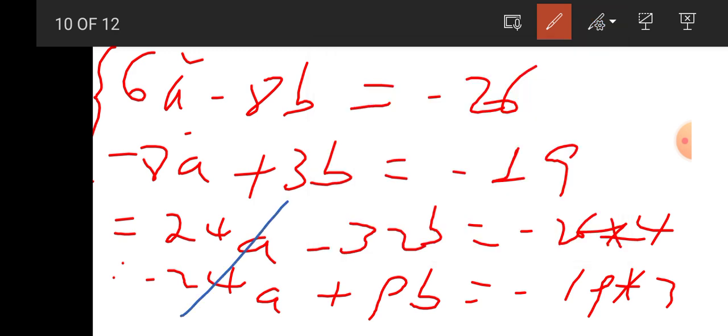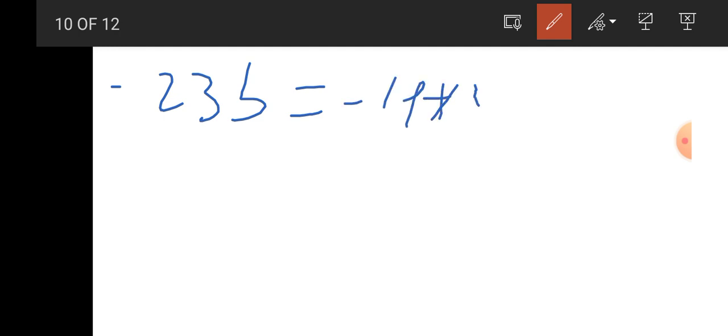ይሄኛው ከዚህ ጋር ይጣፋል ምክንያቱም this is 24 and this is minus 24, minus 32b and 9b ወደ ታች ሲደምረው ስንት ይሆናል? minus 32b. የኤ ፓርትን አሁን አጠፋሁኝ። ስንት ሆናል? ማይነስ 23b is equals to minus 19 times 3 minus 26 times 4.